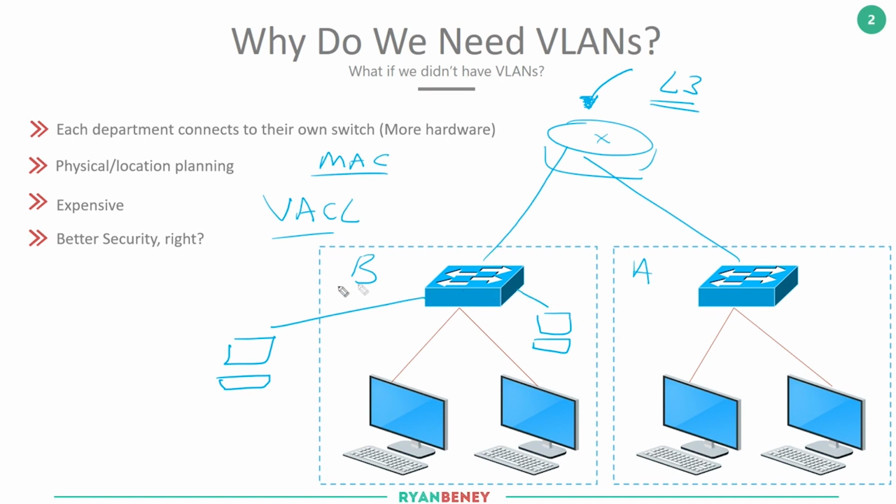The other thing is, if someone did move to the switch, remember we moved Joe over, and this particular department, Department B, had a server connected and Joe came along and just plugged directly into that, then they could simply ARP and communicate directly on the link.